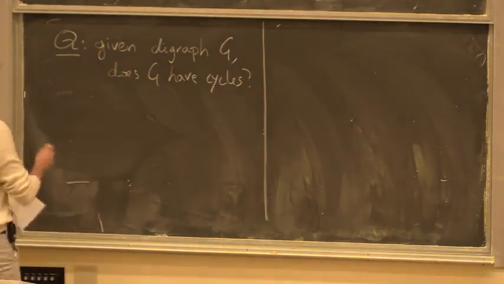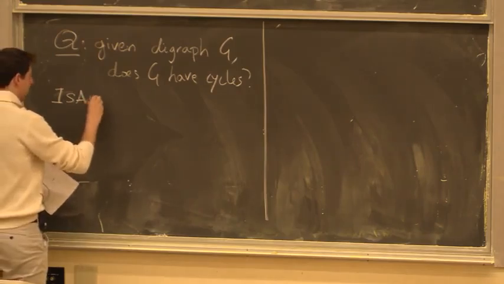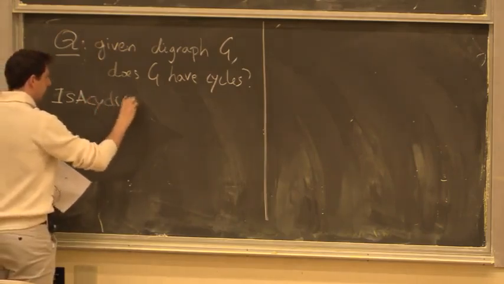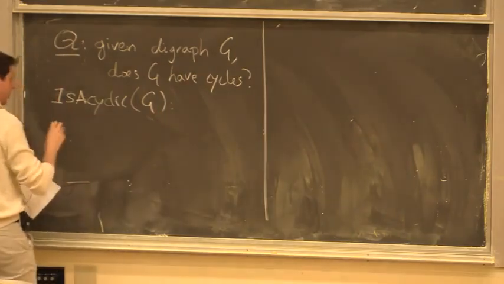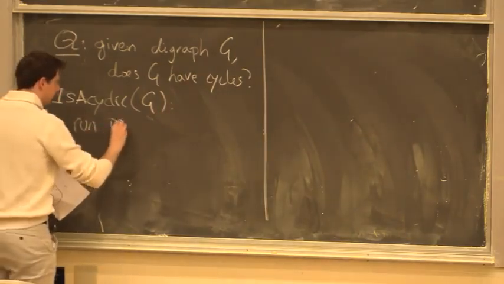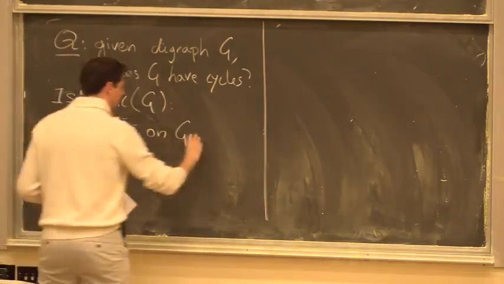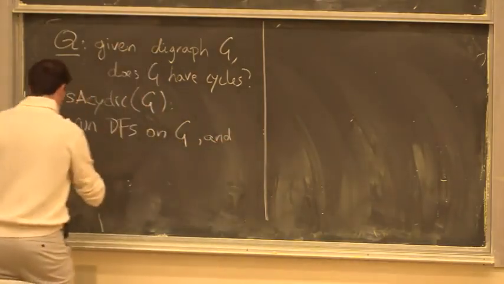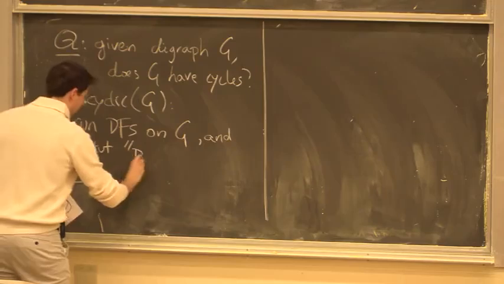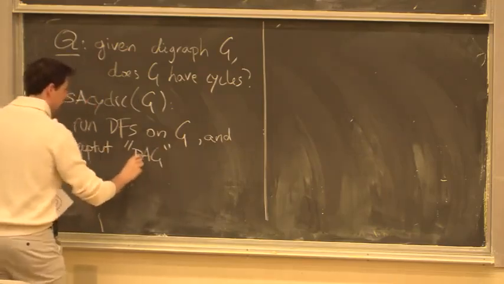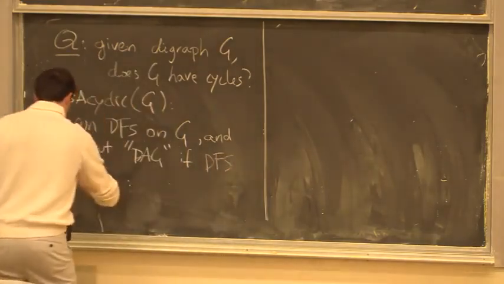So a proposed algorithm would be as follows. We have this routine, say, acyclic. We pass in G, okay? And the way that this routine would go, it says run DFS on G, and output the string DAG if DFS reveals no back edges.